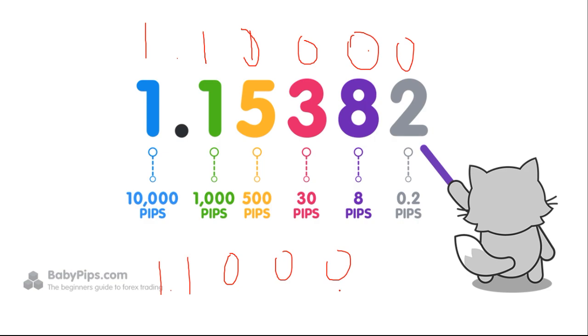And this is our pip value here because it's the 4th decimal place. You're assuming the price will go from 1.1000 to 1.1100. That's a change in what? 100 pips, right? Because this is our pip, right? And then as you're going further, this one is what you're expecting to change to 1. So that's what? 100 pips. So you're expecting the price to make a 100 pip change.